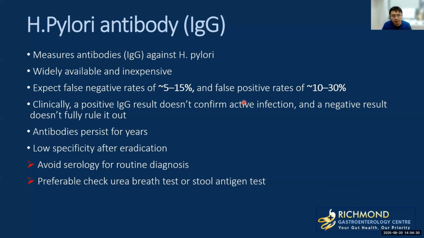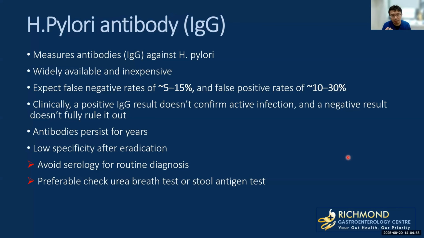So H. pylori antibody is one of the common tests that primary care will do to do health screening because it's simple. You don't need to do any preparation such that you need to do for urea breath test. However, you need to expect that there's a degree 5 to 15% of false negative rate and 10 to 30% of false positive rate.